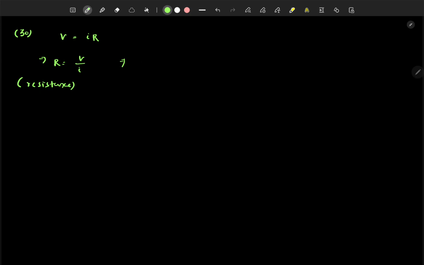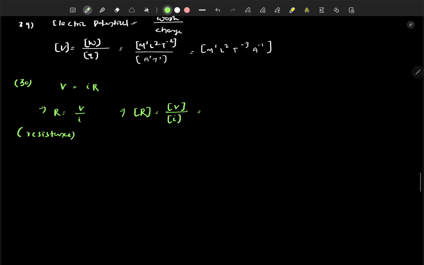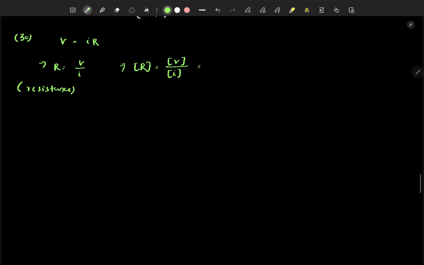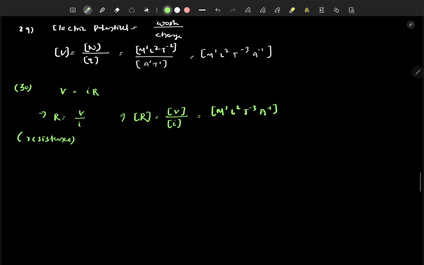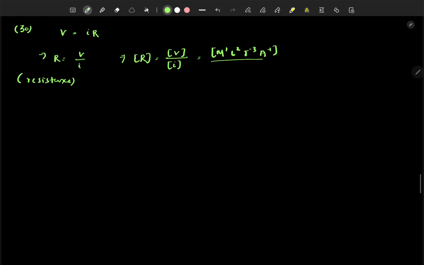So we can write the dimension of resistance is equal to the dimension of electric potential divided by the dimension of electric current, V by I. We have calculated the electric potential as 1, 2, minus 3, minus 1, divided by the current dimension A1. So our final answer is M1 L2 T minus 3 A to the power minus 2.